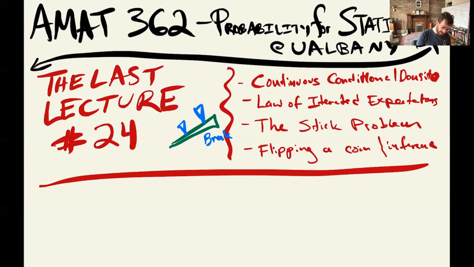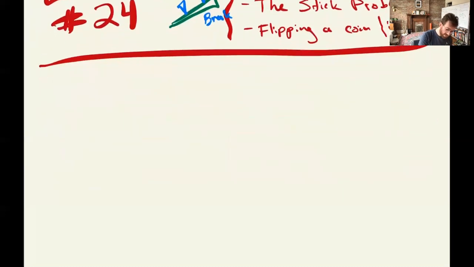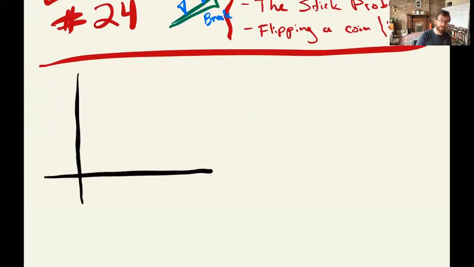Let's remember what a typical setup is for a problem that involves continuous probability. As we usually do, we like to study situations where we have two random variables, which behave jointly as a uniform probability on some sort of region or shape.